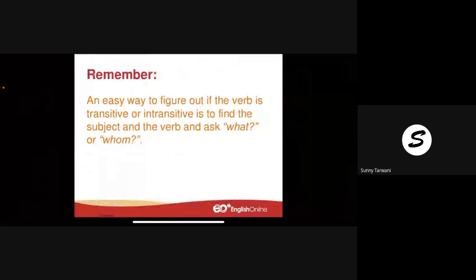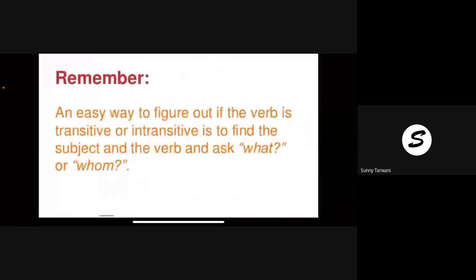Now I want you to take a screenshot of this one. Read this side. An easy way to figure out if the verb is transitive or intransitive is to find the subject and the verb and ask what or whom. I taught you the same thing. For a direct object, you ask the question what. For an indirect object, you ask the question whom.